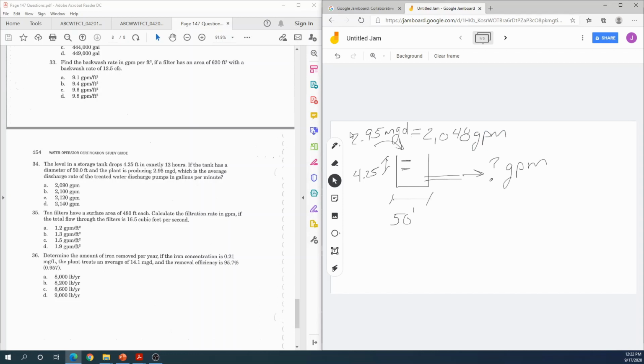So that's one part of it. But we also know over the course, and this is just a constant, this is a 2,048 gallons per minute constant rate. But on top of that, these pumps kick on, and we know we're going to draw down this tank by 4.25 feet. So what's the volume of that tank? What's our volume of water that we evacuated from that tank?